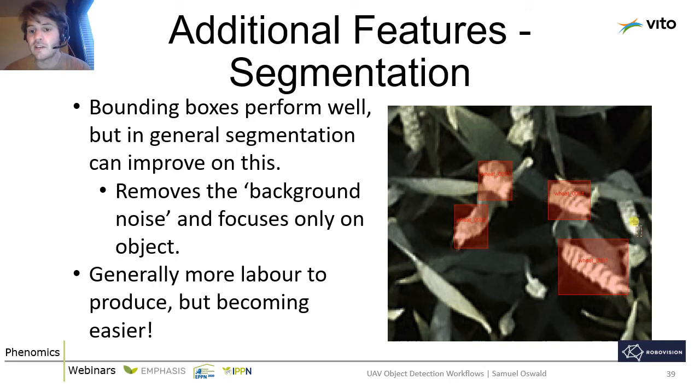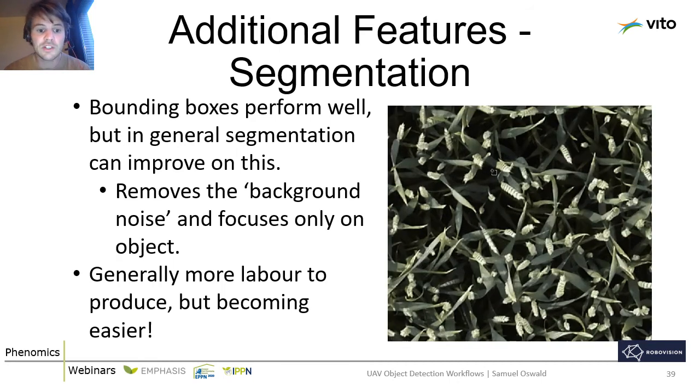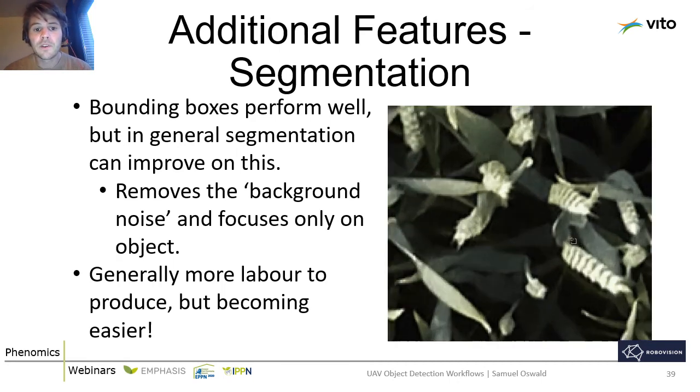As you've seen, in most cases they do predict the objects quite well, whether that be for plant emergence or for organ detection. But they don't always predict everything, and this is also because you have a lot of background within these bounding boxes. You can see in some of these wheat heads, as they extend a long way, you don't have a very tight bounding box that only includes wheat heads.